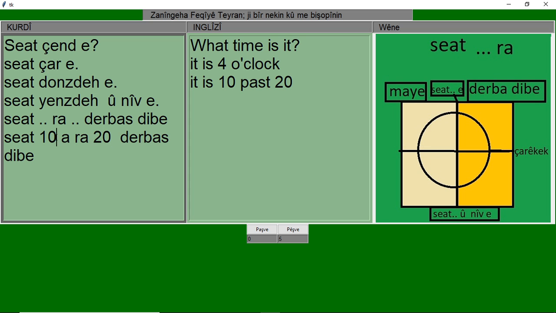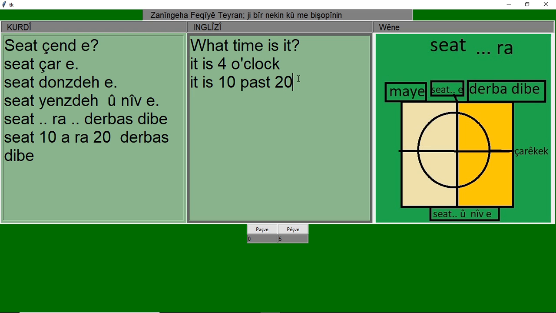For example, in here, I want to say it is 10 to... 10 to what? I think, oh yeah, I said this wrongly in English. It will be like this: 10 past 10.